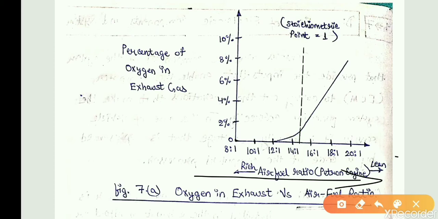This is the lean mixture. Lean mixture means the air particle is much more than the fuel particle. That means 20 particles you see is the air and 1 particle is fuel. That means to burn the 1 particle of fuel, 20 molecules of oxygen is used. That means it will give you a better fuel efficiency.